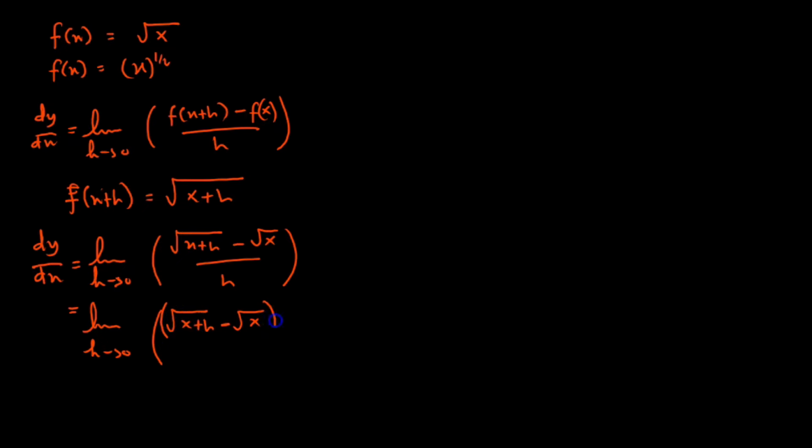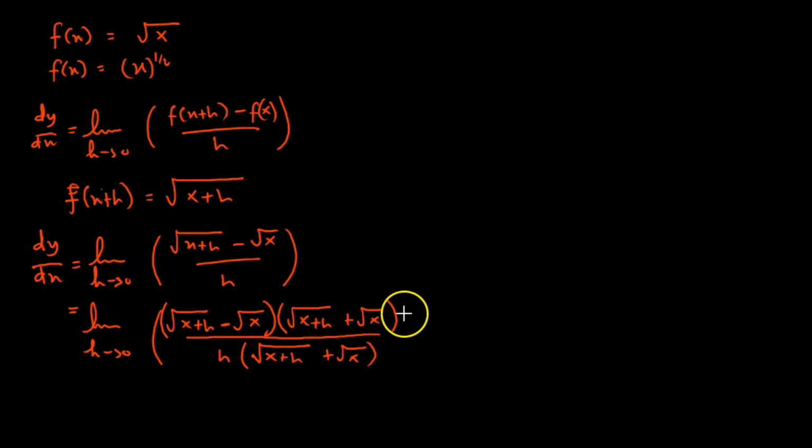So that is going to give us multiplying square root of x plus h plus square root of x, all on h multiplying square root of x plus h plus square root of x. I believe you've understood how I had to rationalize.